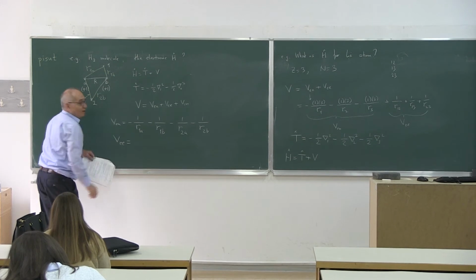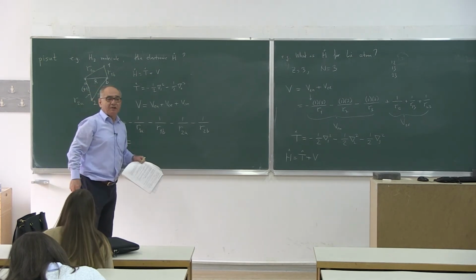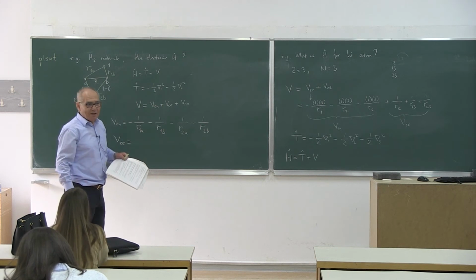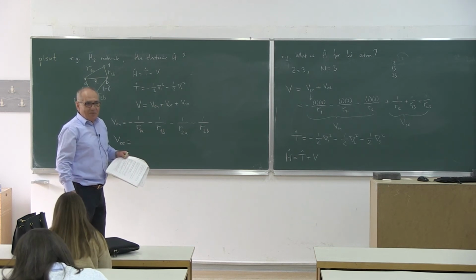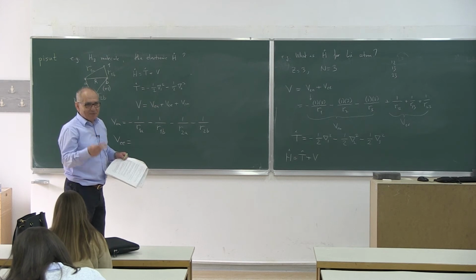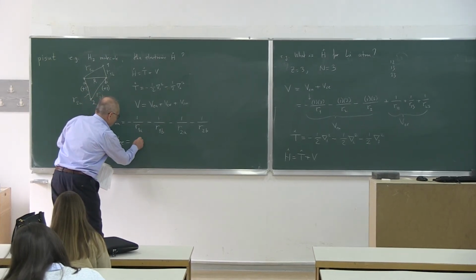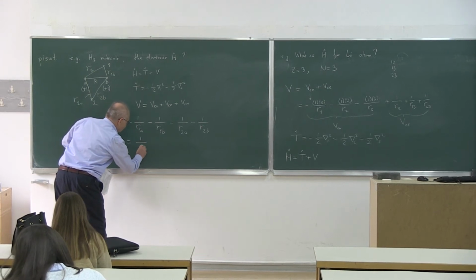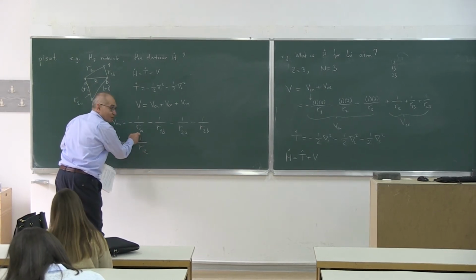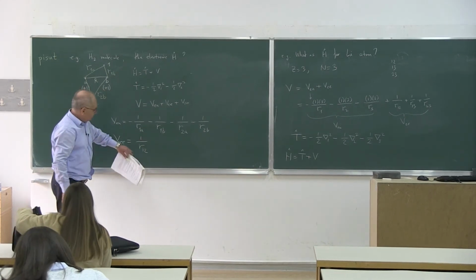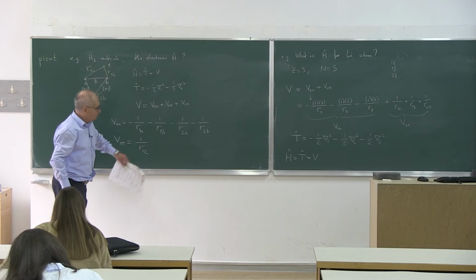Electron-electron repulsions. How many pairs of electrons do we have here? We have just 2 electrons, so how many pairs? Only one pair. So the electron-electron repulsion is just 1 over R12. Minus 1 times minus 1 divided by the distance between the two electrons, which is called R12.